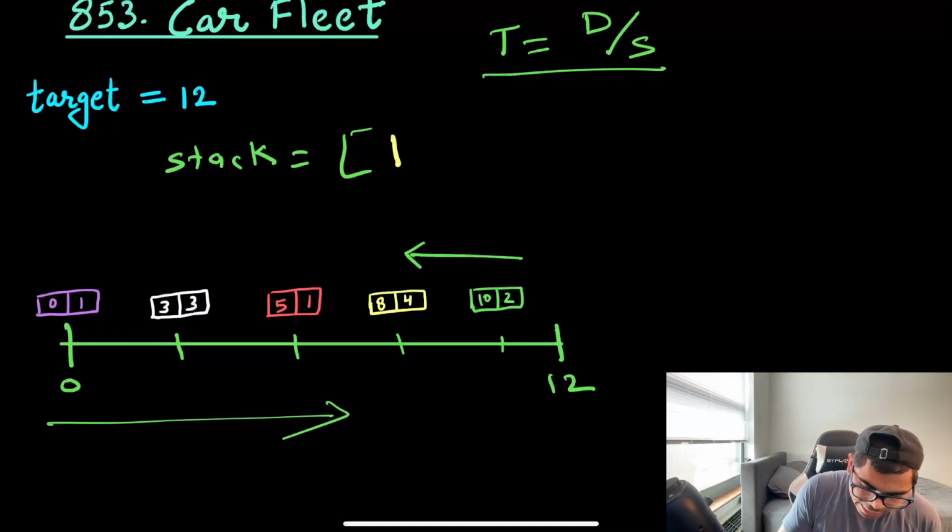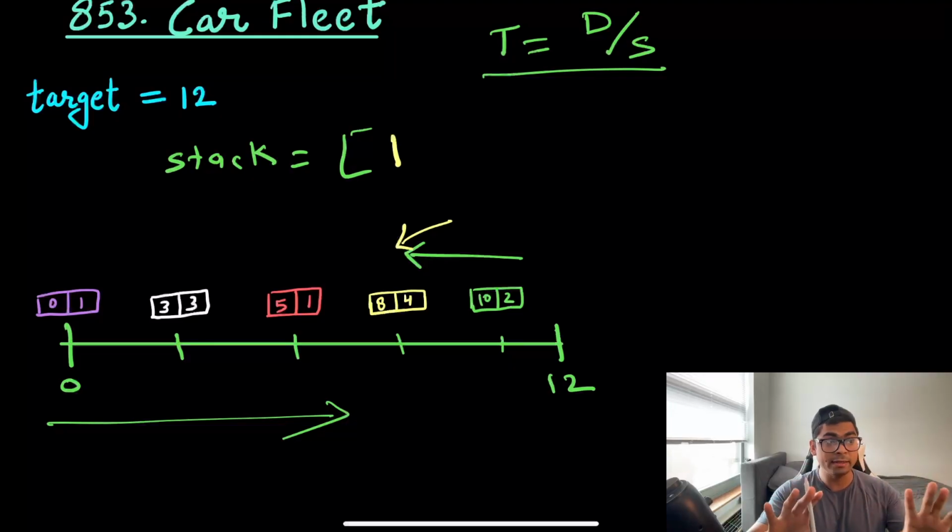Now I'll check the time for basically this car. So this is the current state. Like I'm checking this right here is the current state. These cars are all lined up to finish at position 12. Now they all have different speeds. They all have different positions.